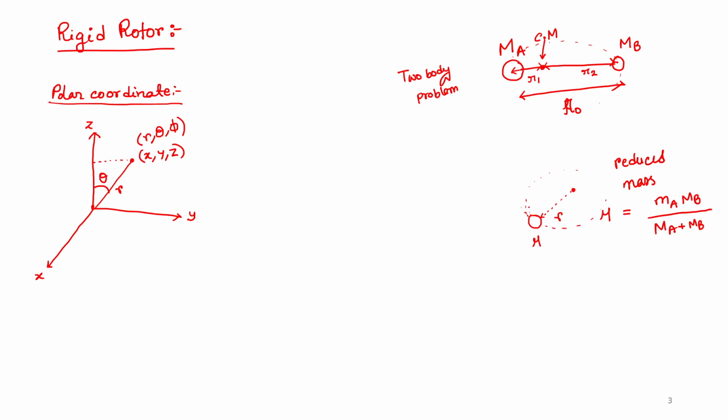Now we are going to deal with the rotational angle, and that is why this discussion in polar coordinates will be better, because in Cartesian coordinates we will not be able to. So we are going to deal with the rotational angle, and that is why it is important to work with r, theta, phi.